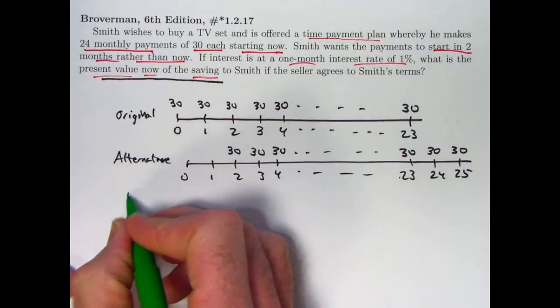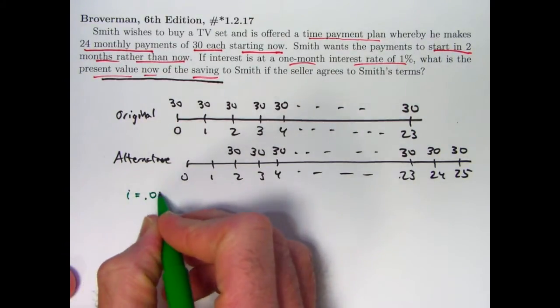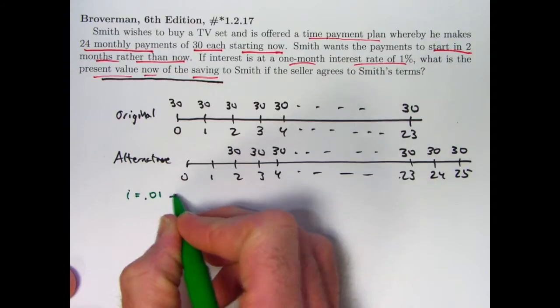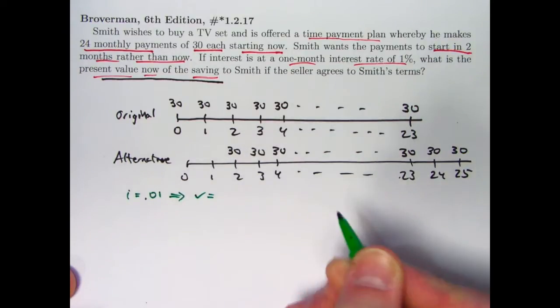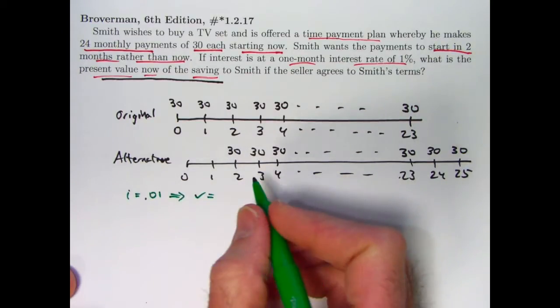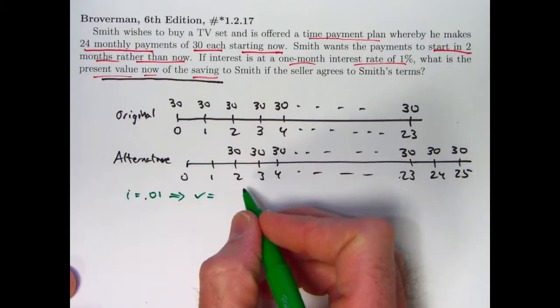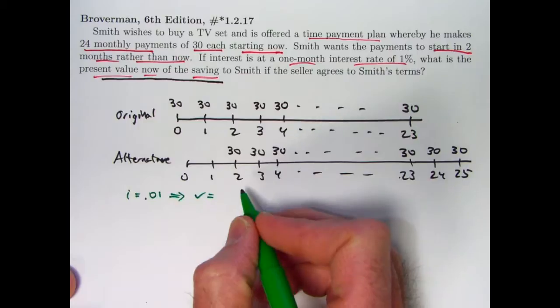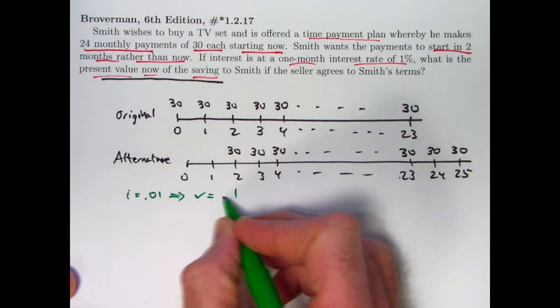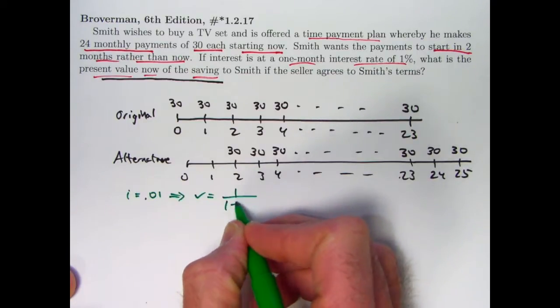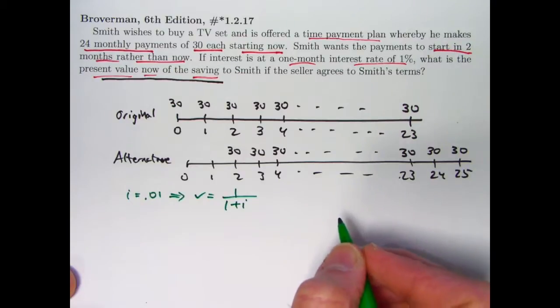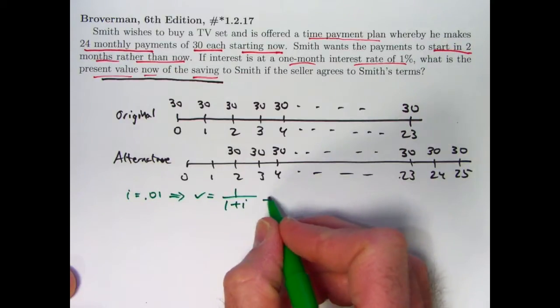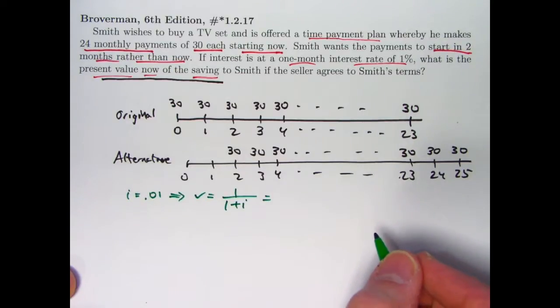i is our 1-month interest rate, 0.01. v is going to be our 1-month present value discount factor. I'm using the word discount, though soon we're going to talk about a discount interest rate, and it's not the same as the discount interest rate. It's a discount factor. Broverman often doesn't put the word factor in there; he often just calls it a present value factor.